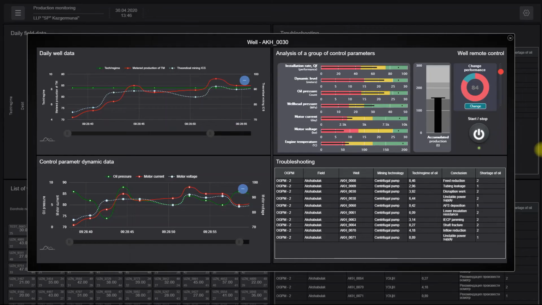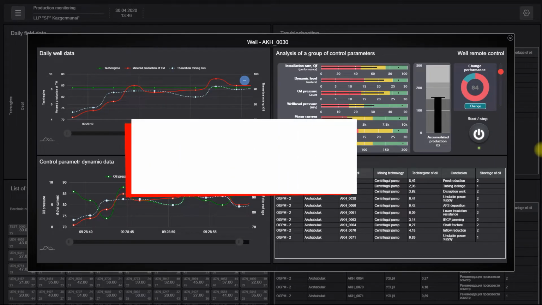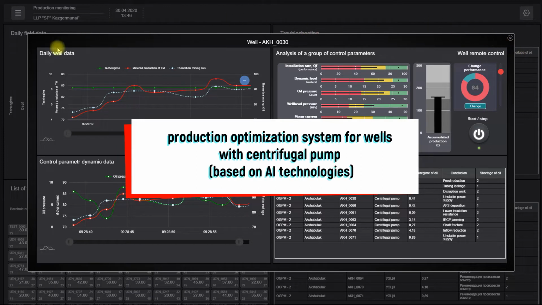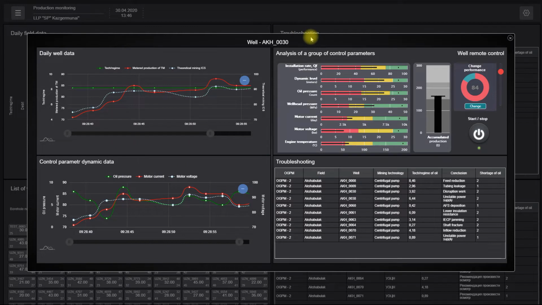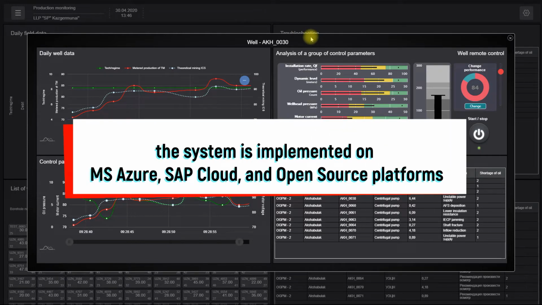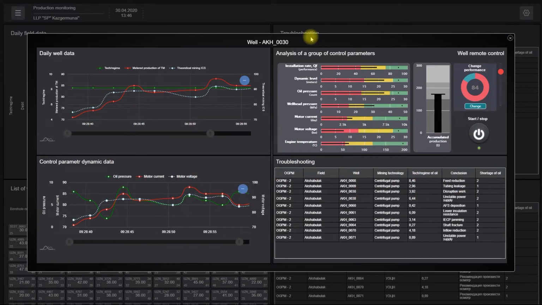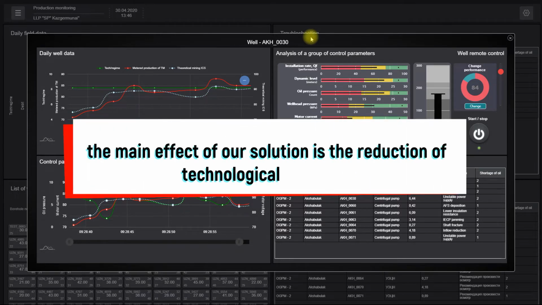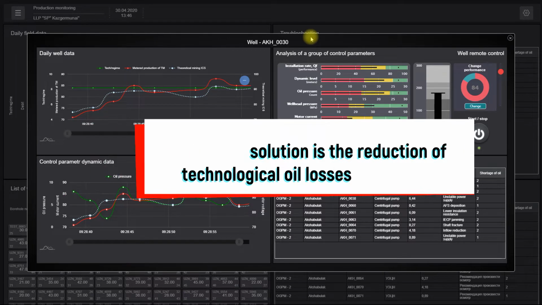On your screen you can see the interface of the production optimization system, which is developed using artificial intelligence technologies. It is possible to implement this system on the SAP Cloud Platform, Microsoft Azure and open source. The main goal of this module is to make diagnostics of underground equipment conditions and select the optimal well operation modes.